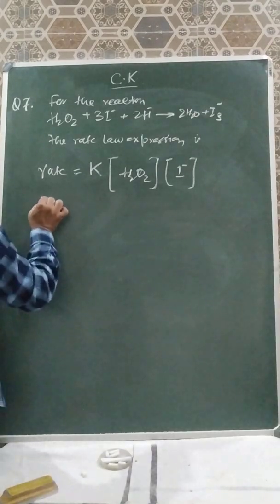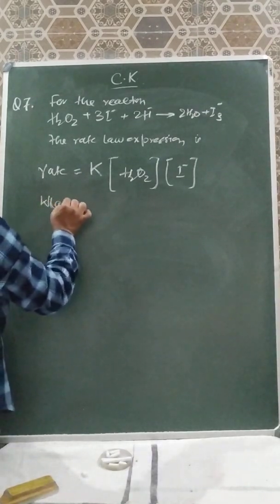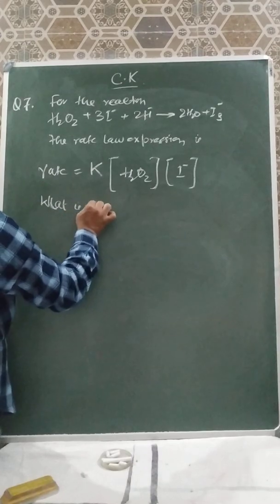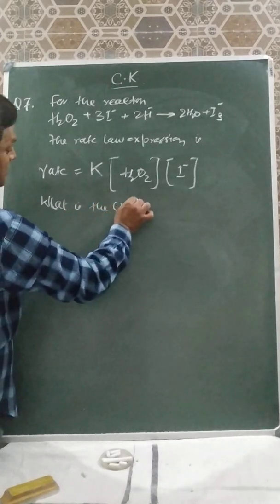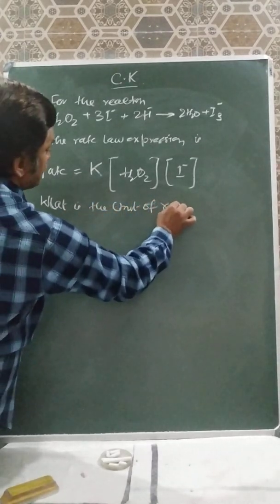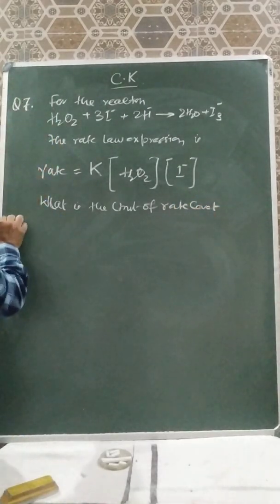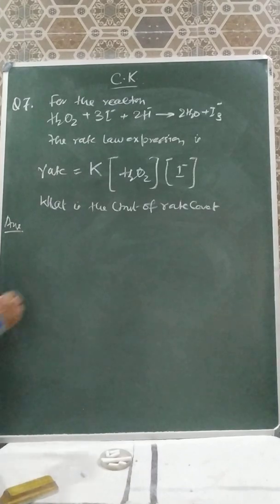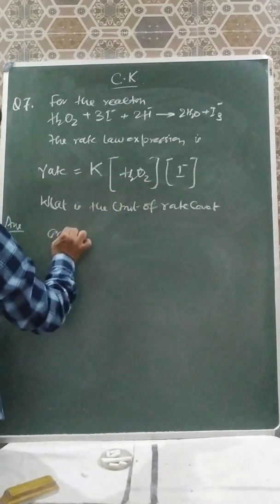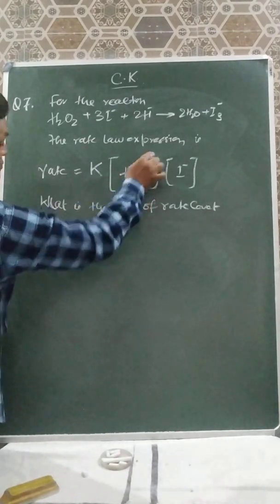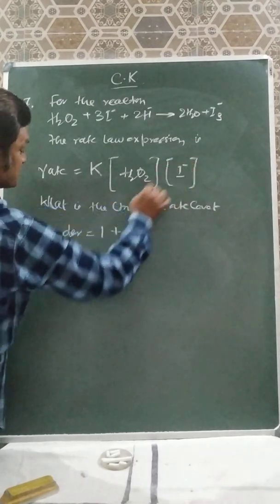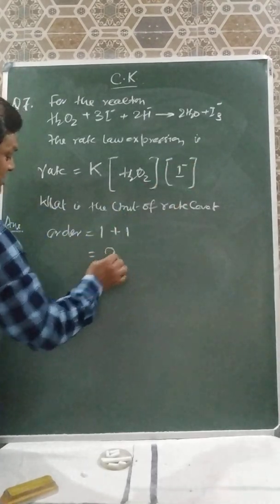What is the unit of rate constant? According to the question, the order is equal to H2O2 to the power 1 plus I⁻ to the power 1, which is equal to second order.